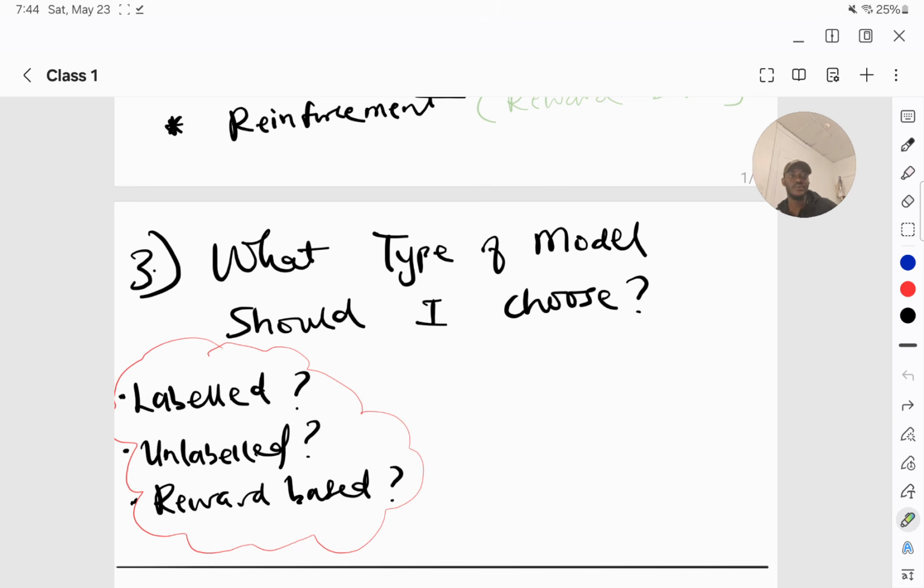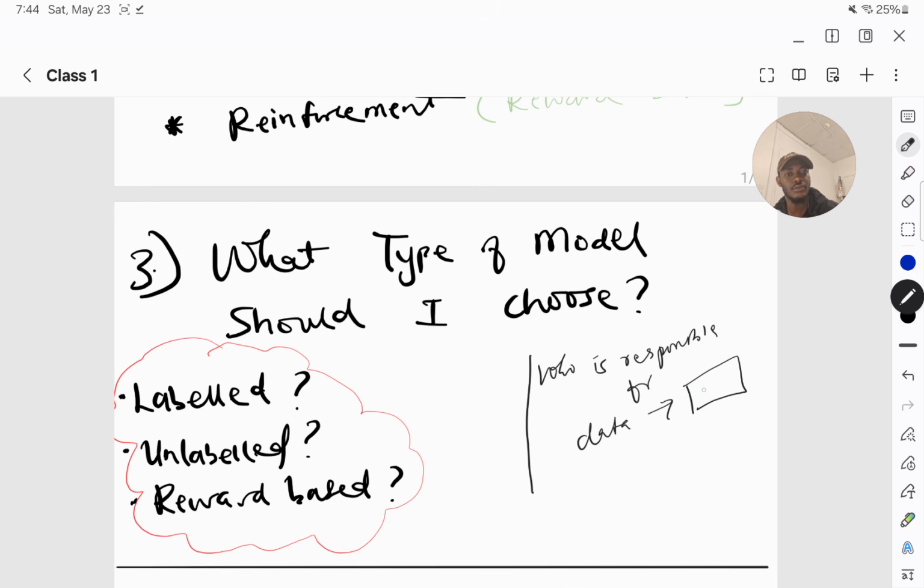In the exam, they also ask about some very important things. Who is responsible for the data that is fed to the model? The one responsible for the data fed to the model is the data engineer.